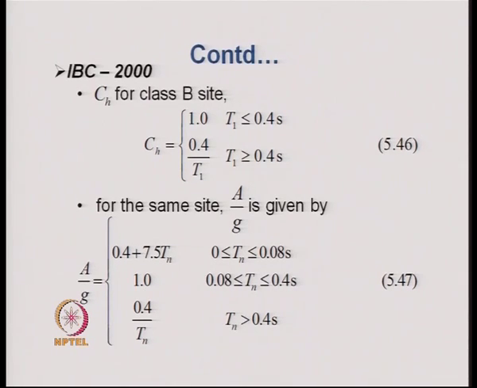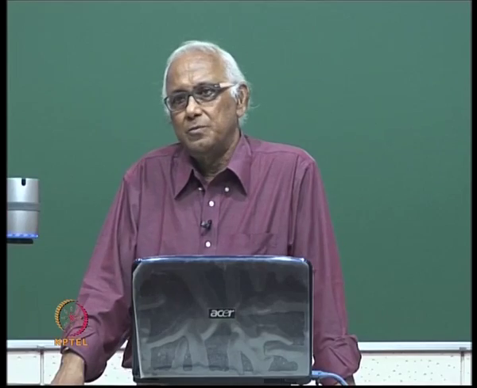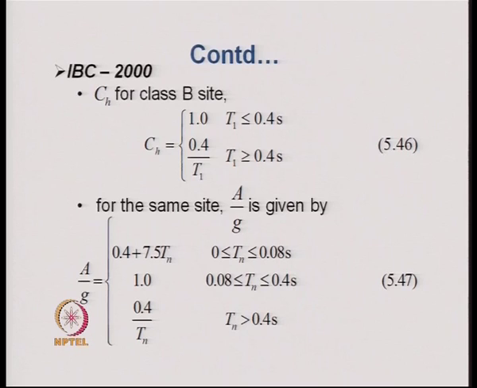For the same class B site, the SA by G, or the spectral acceleration normalized with respect to G, is given by the formula SA by G is equal to 0.4 plus 7.5 Tn, where Tn is the natural period.